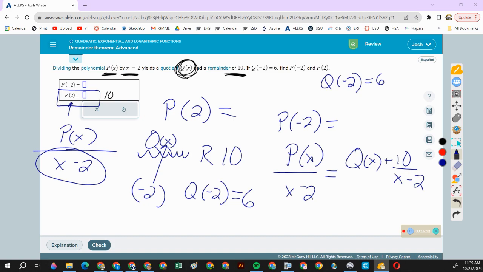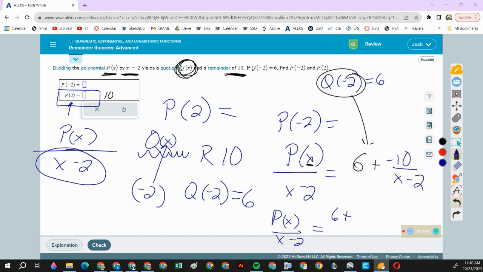And these are both x. So if I plug this in here, I can replace that with a 6. Right? So that gives me p of x over x minus 2 is equal to 6 plus -10 over x minus 2.